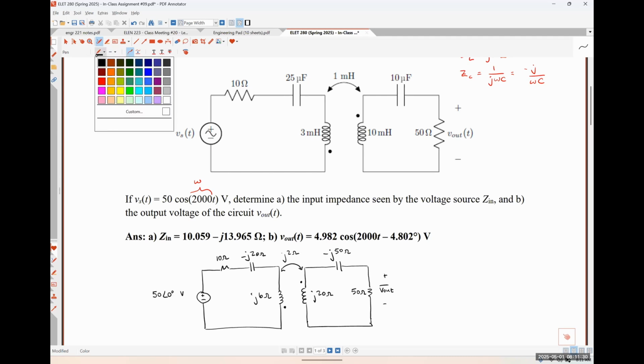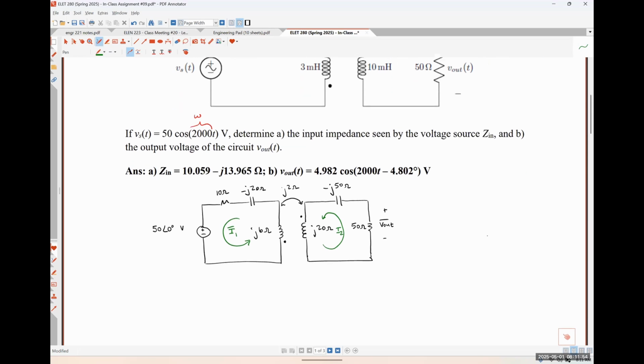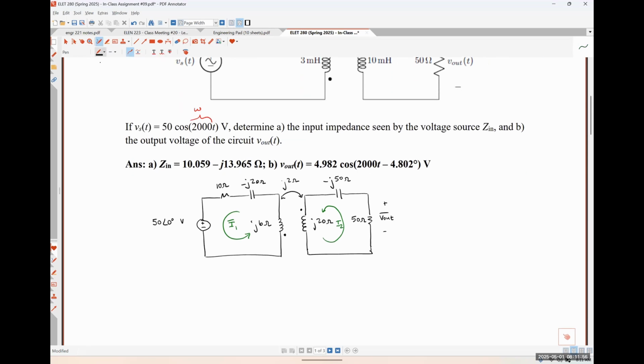So that's how I'm going to define things here as well. So this is my mesh current I1, oriented in such a way that it's flowing into the dot, and this is going to be my mesh current I2.